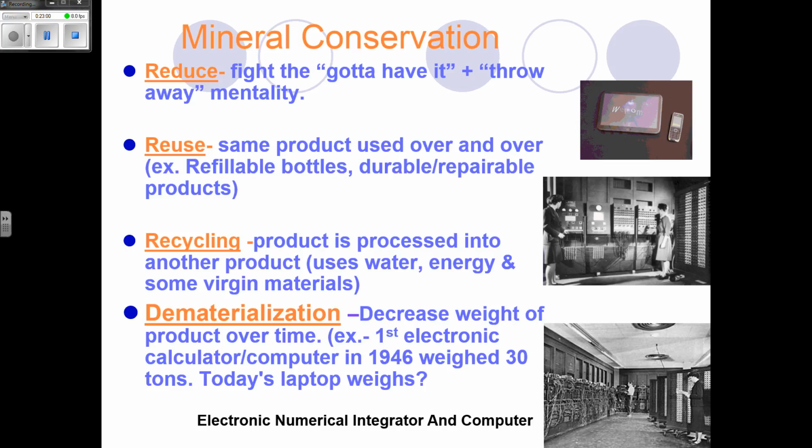So this is a way that we can conserve minerals, by making new products that are going to use fewer minerals. One important key concept about dematerialization, the only thing that's a little bit confusing, is that the new product has to be just as good as the old product. So for water bottles, some of them are a great example of dematerialization while others are not.